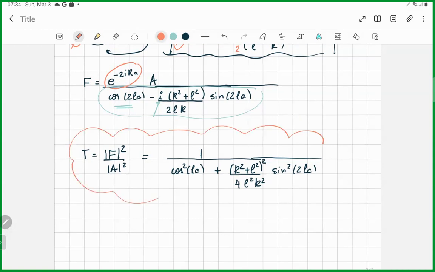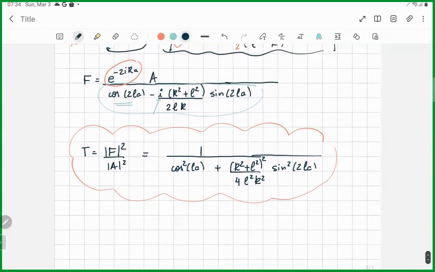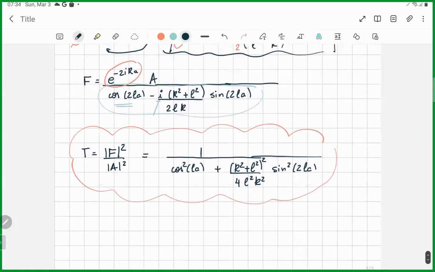Well, almost the end of the story, because now it's a matter of playing with the algebra. What you need to do is substitute what K and L are in terms of energy. Remember, K squared is 2mE over h bar squared, so you have to substitute this in your equation.